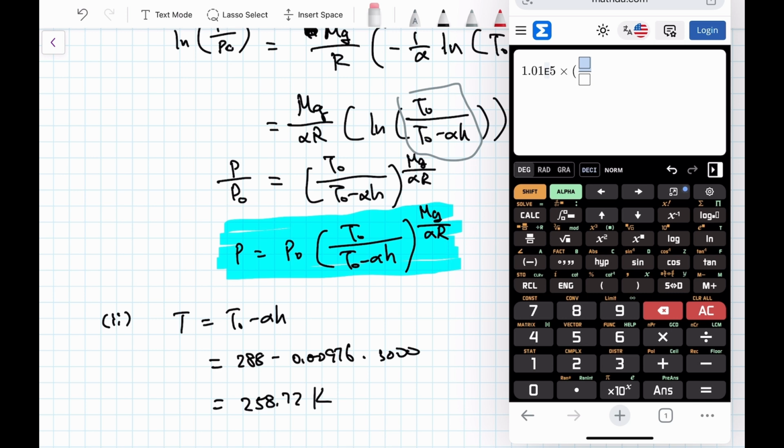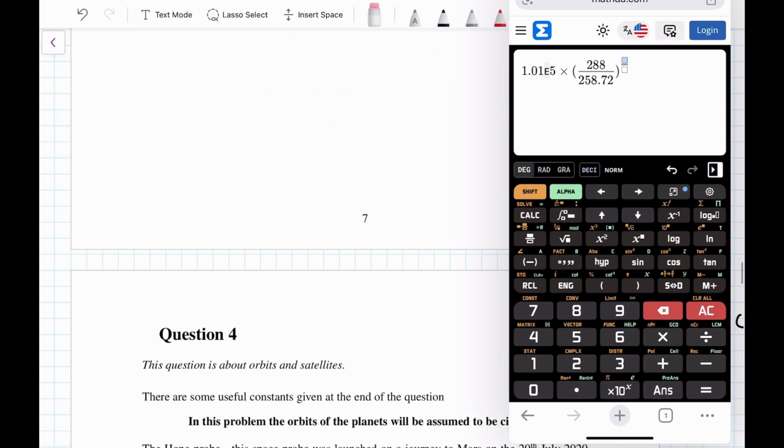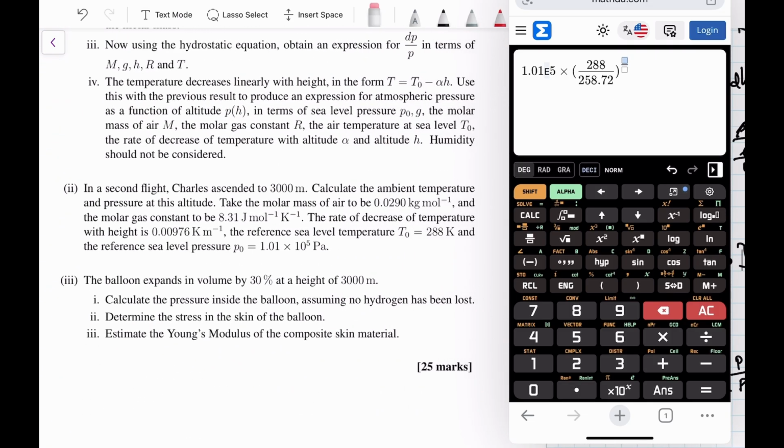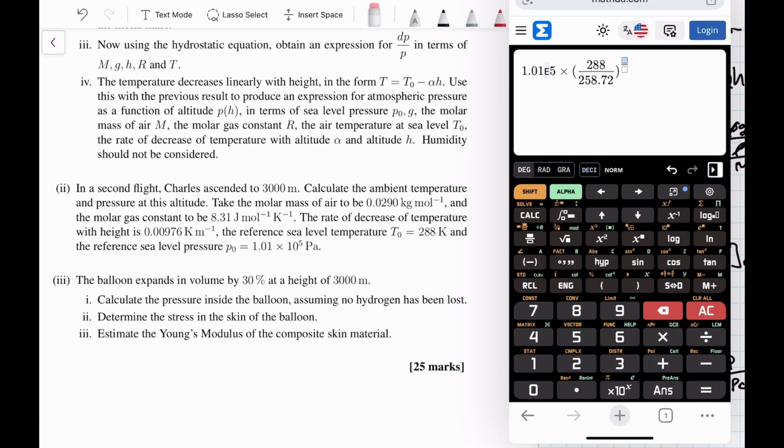That's just 288 over what we calculated previously, 258.72, raised to the power of mg over alpha r. So m is 0.029, multiplied by g, 9.81, over alpha r.